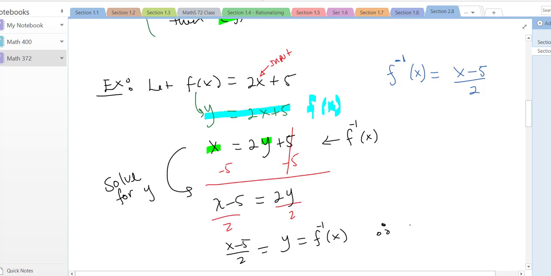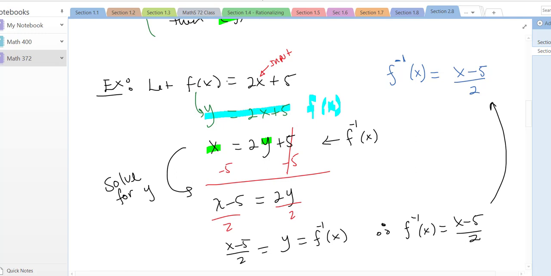So therefore, I can say f inverse of x is equal to (x minus 5) over 2, which notice is what we got up here. So they are the same thing. Here we just kind of did it by reversing our words. This one said you take the input, you multiply by 2, and then add 5. So reversing it, you reverse the last thing you did.